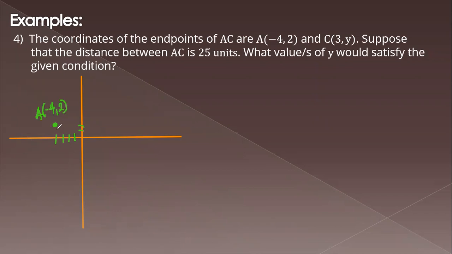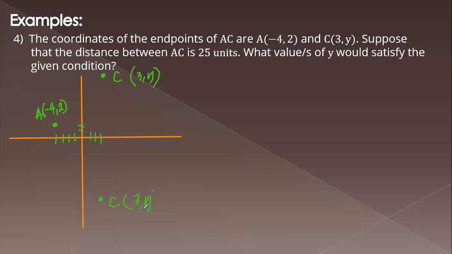Okay, so that is our A, which is negative 4, comma 2, and this 3, comma y, that's positive 3, and y. So for example, nandito yan, kunyari lang, so that is our C. Or pwede din naman na andito si ating C, which is 3, comma y.